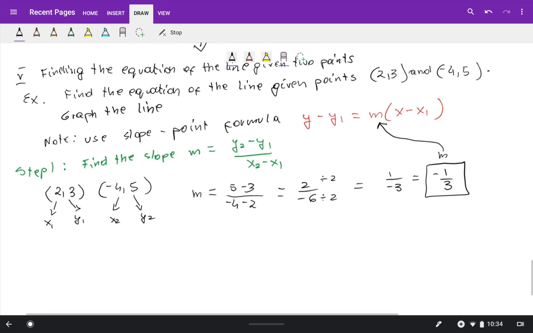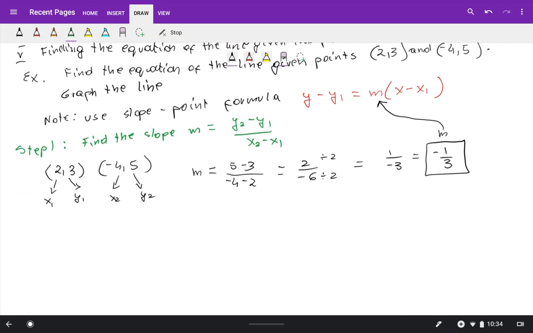Okay, so step 2 will be: use any of the points. Usually I use the first point because I already labeled it as x1, y1.